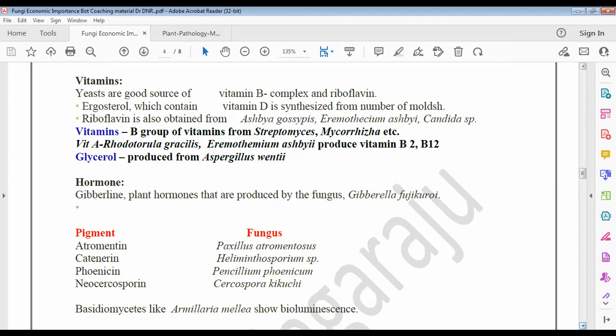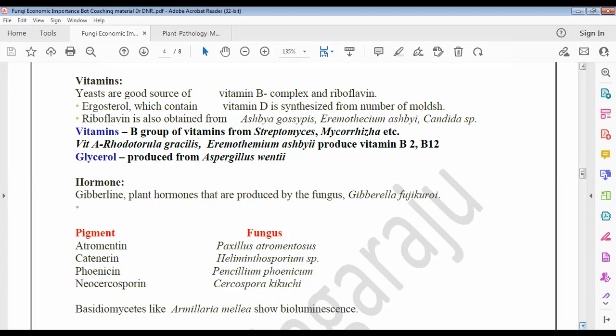Bakanae disease: the plant wilts. It totally wilts, bends back and becomes very delicate, by the attack of the fungus Gibberella fujikuroi. Because of Gibberella fujikuroi, it causes the bakanae disease.